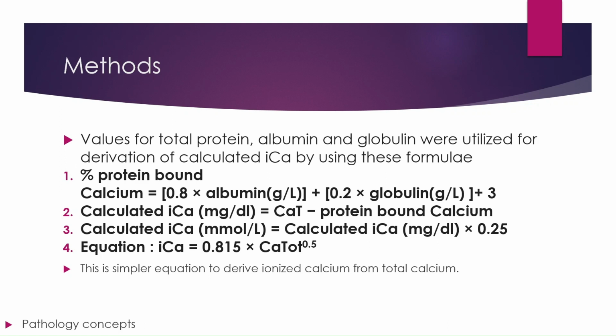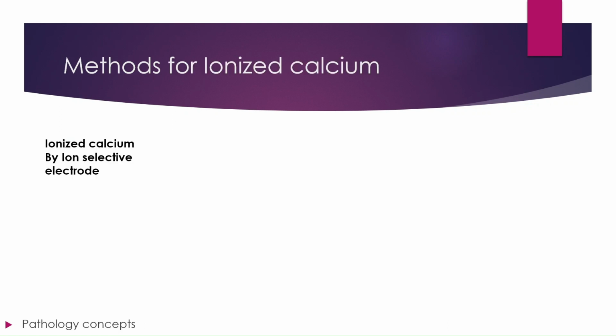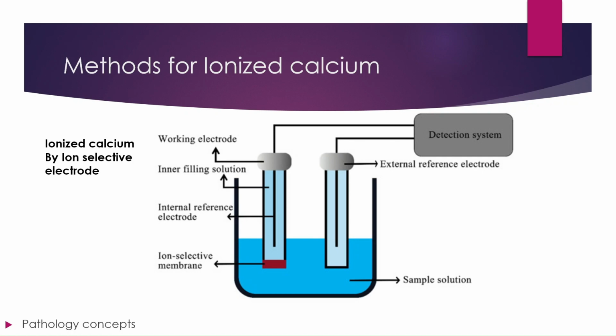Another simpler equation for ionic calcium is 0.815 times the square root of total calcium. The ionized calcium is mainly detected by ion selective electrodes.